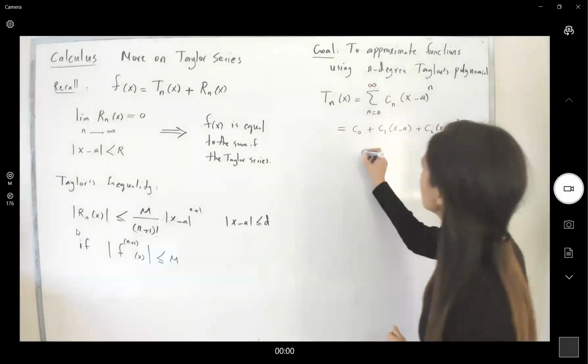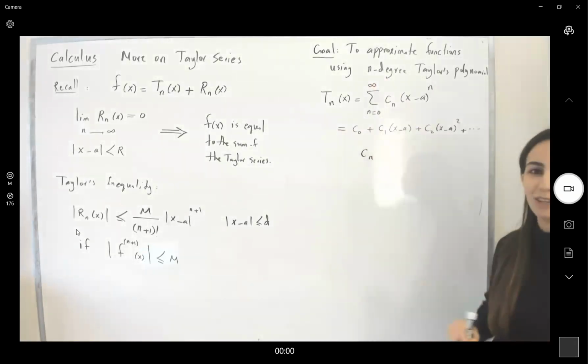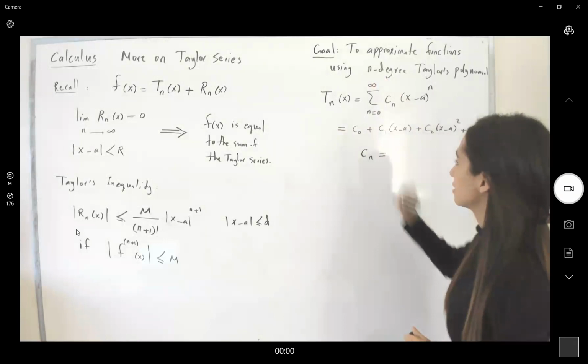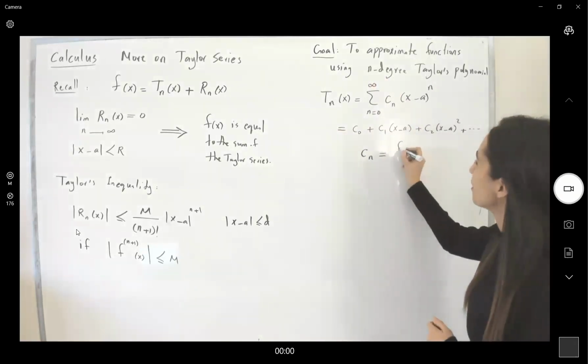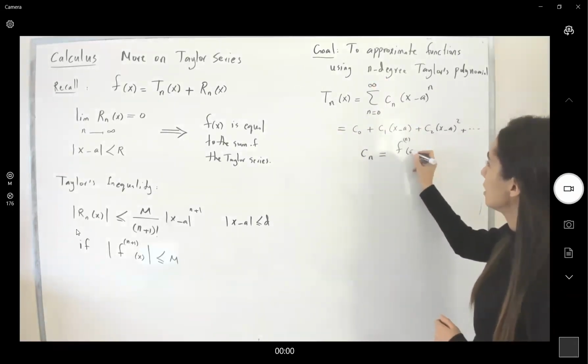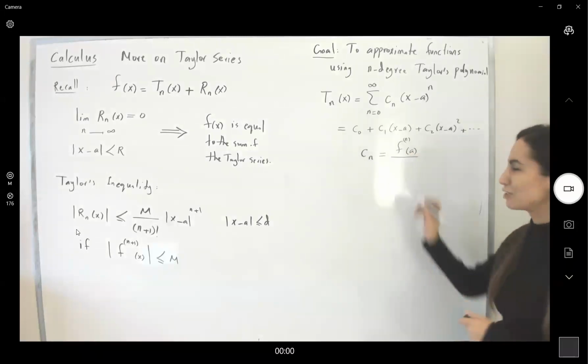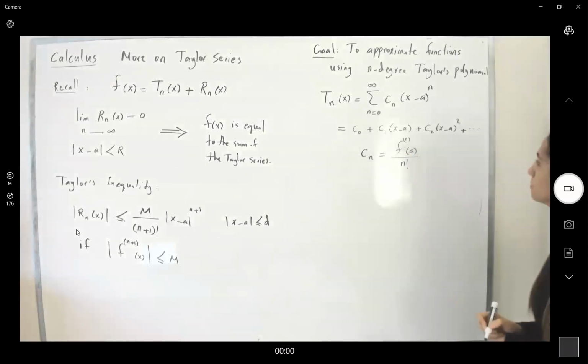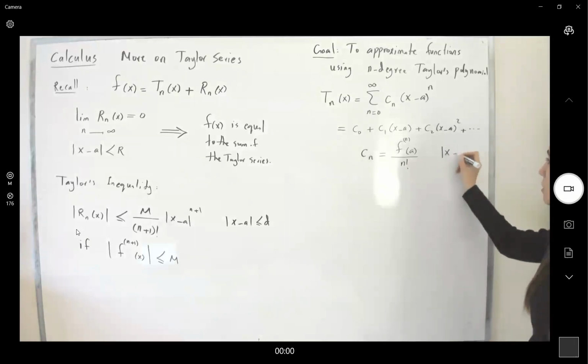These coefficients, C sub 0, C sub 1, C sub 2, can be found using the derivatives of the function at the center divided by n factorial. Yeah, remember that we have the interval of convergence.